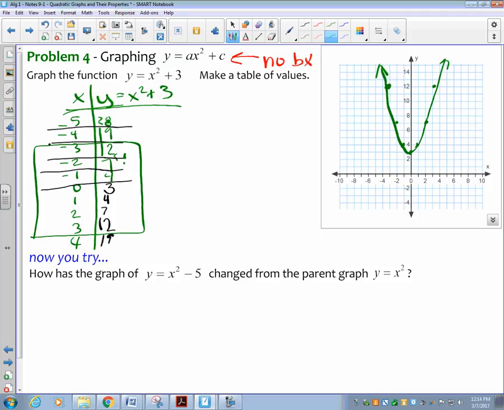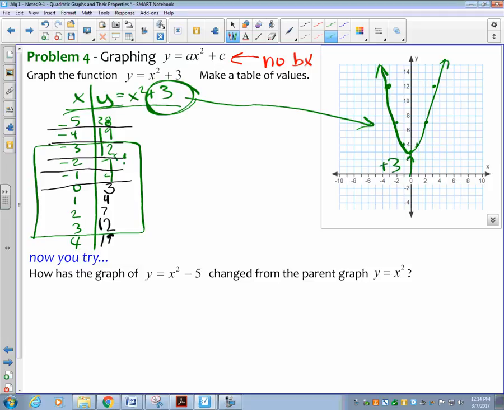So we want to take a look at this number here. And where on our graph can we see 3? Where does 3 really stand out on this graph? Yeah, so if you look, our minimum is now 3 up from 0.